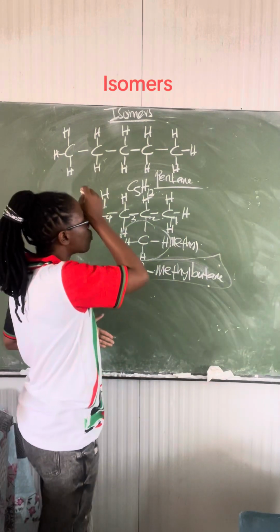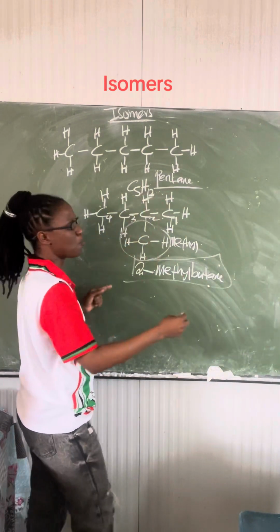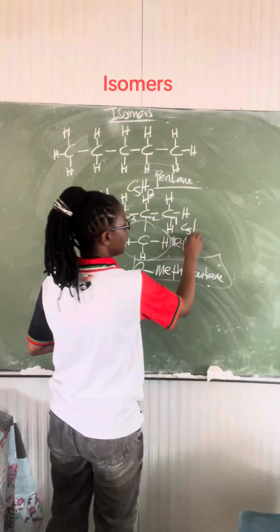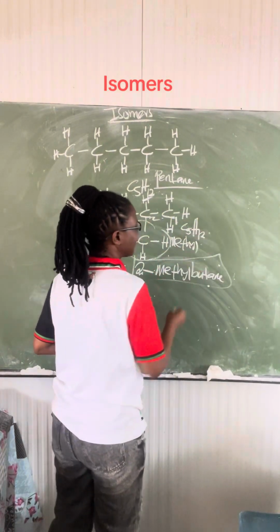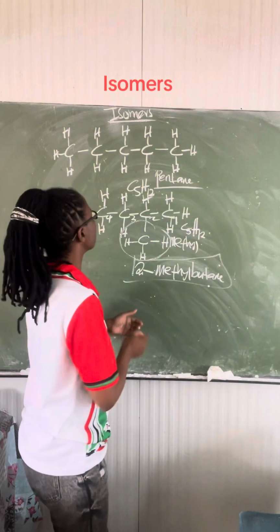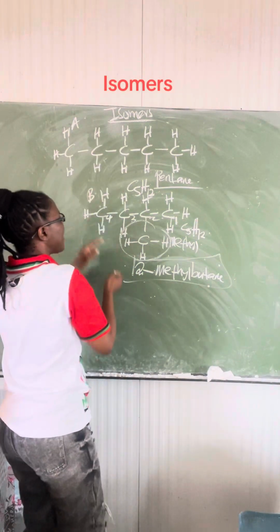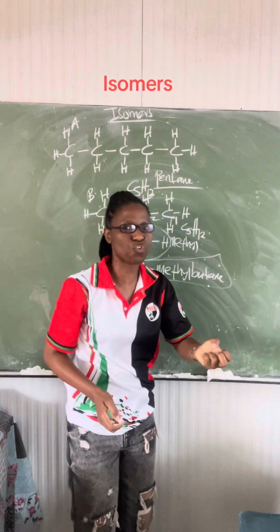If we write the molecular formula of it, it's going to be C5 because there are still 5 carbons, and the number of hydrogens is still 12. As a result, we can say the first compound and the second compound are isomers.